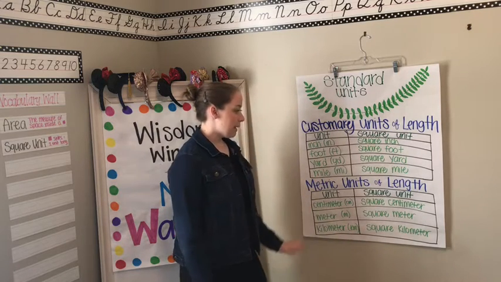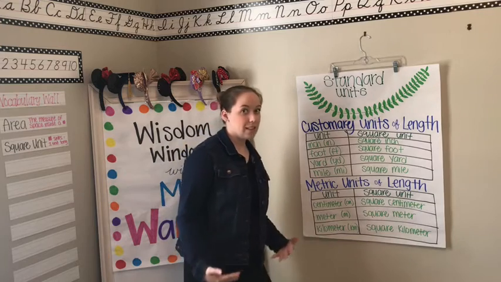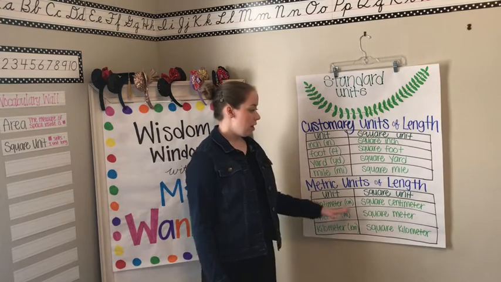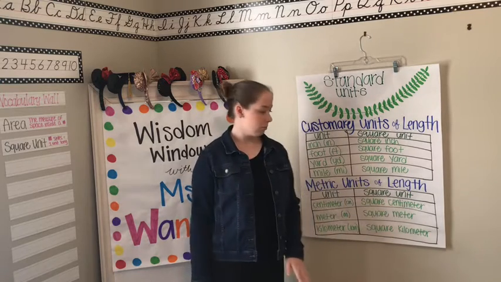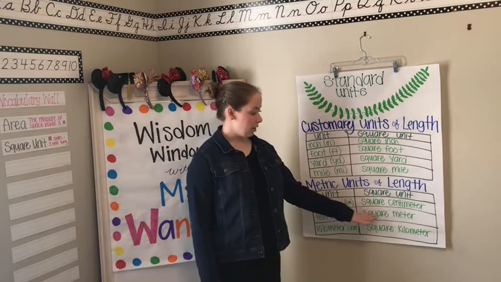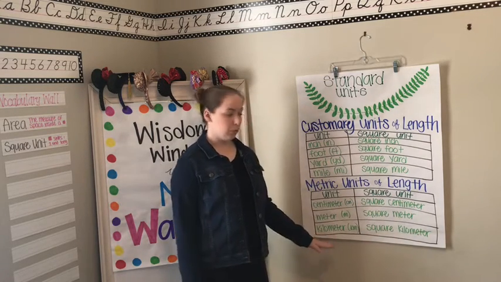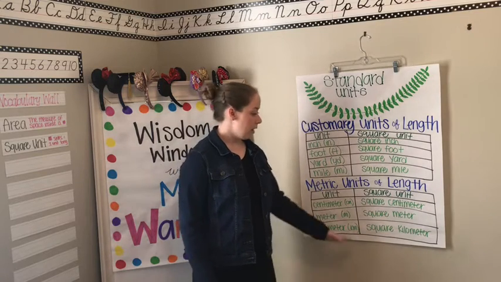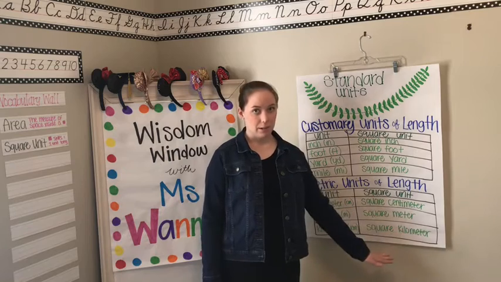Now let's look at some metric units of length. So we have a centimeter, also known as cm for abbreviation, and it is known as a square centimeter. For a meter, or m, we look at square meter. And then we have a kilometer, which is also known as km. And that is also known as square kilometer.